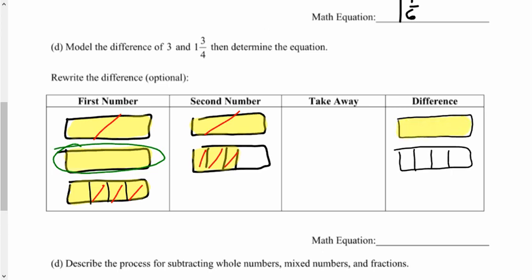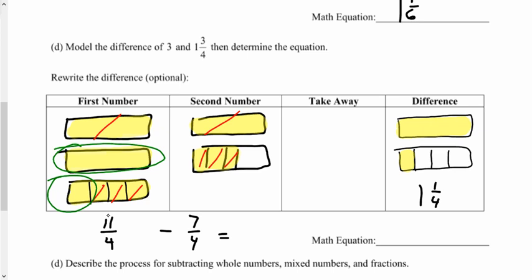And then I also have 1/4 left over, and that's this one here. So we end up with 1 1/4. And if you did this with improper fractions instead, if you like that way, you would have 11/4 minus 7/4 equals, oh, wait a minute.